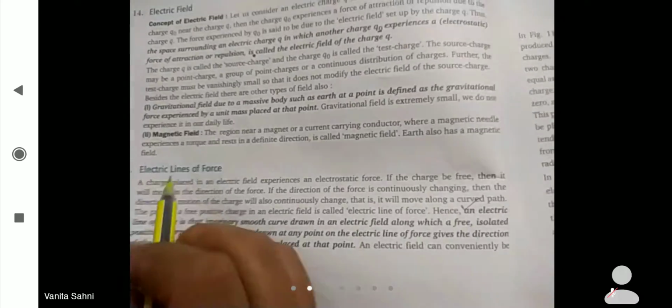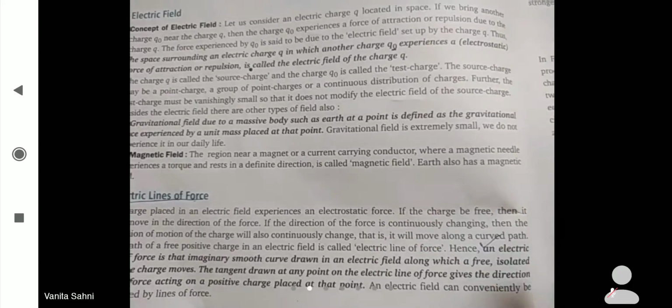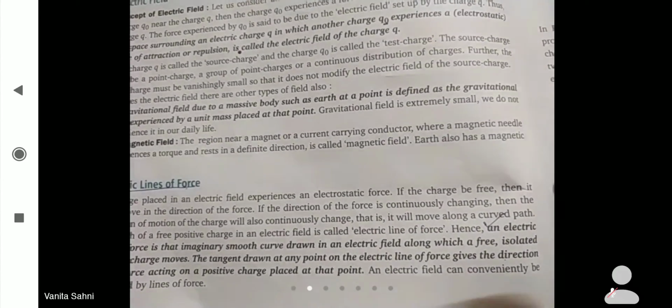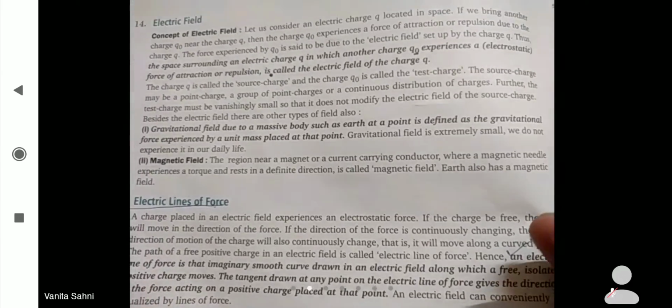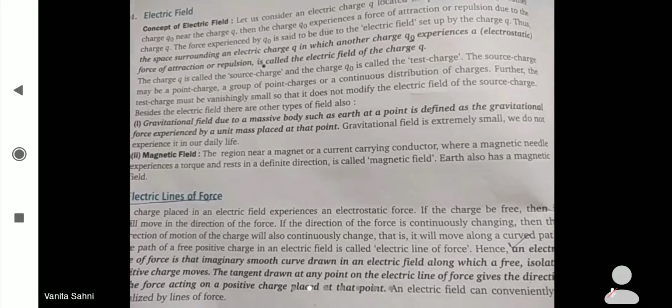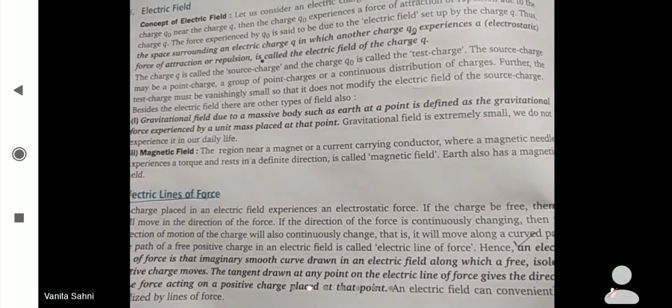Then electric lines of force. Now electric lines of force, these are imaginary lines, right? We imagine that every field is made up of a number of lines of force. And what are lines of force? These are simply the paths which are traced by it.